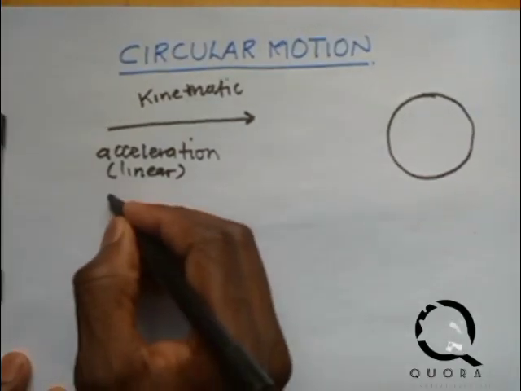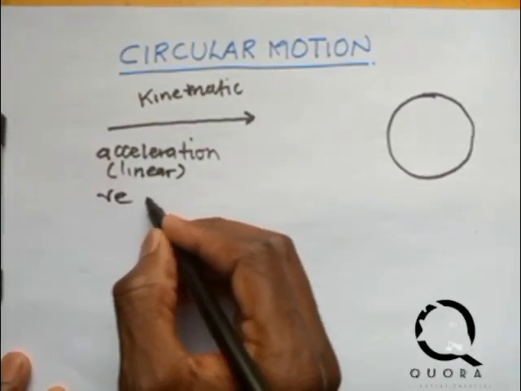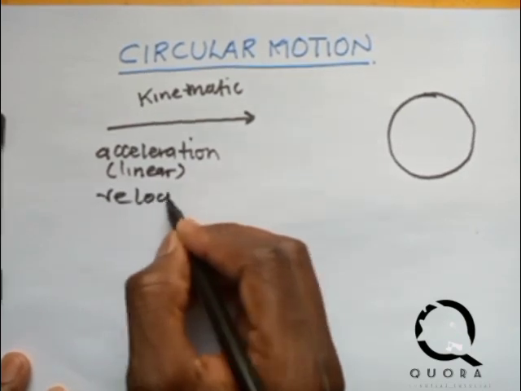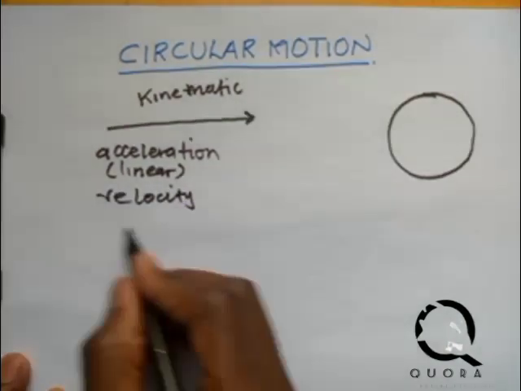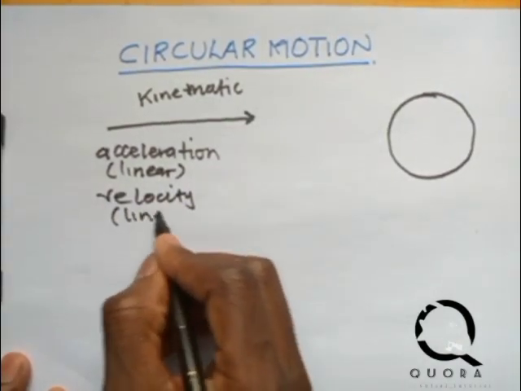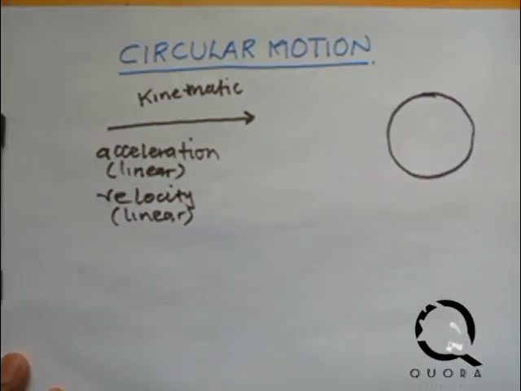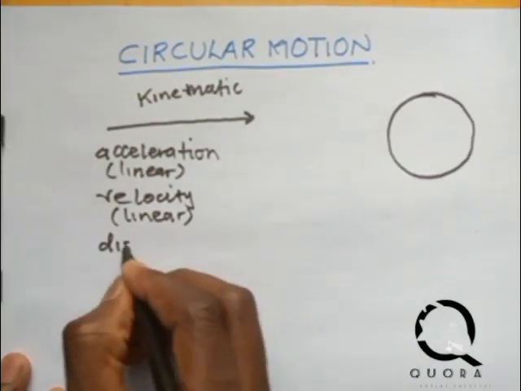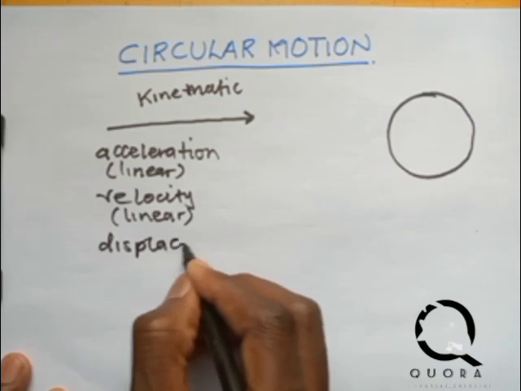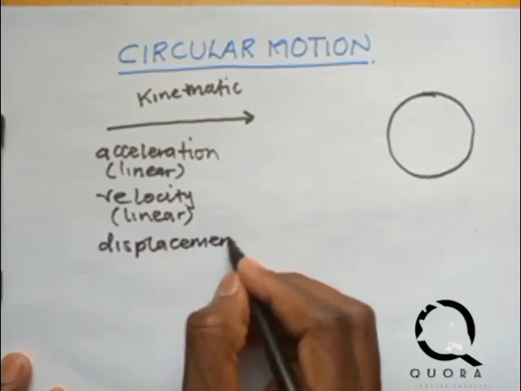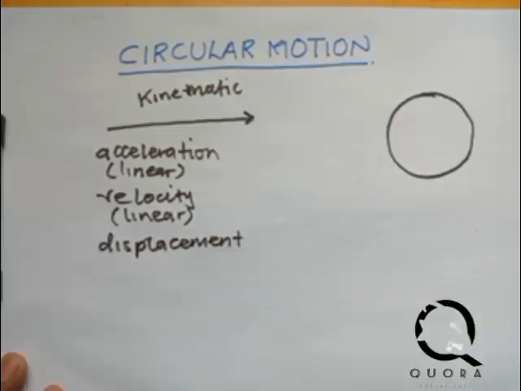Then we also have velocity, which is also called linear velocity. We also have displacement. Under kinematics, this has to be called a linear displacement.